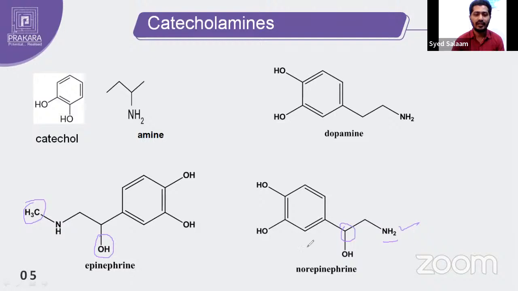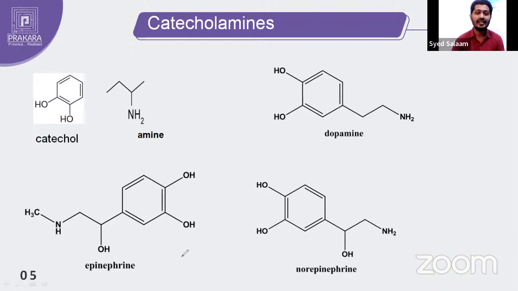So these are catecholamines, which have the catechol moiety with an amine group attached to it. That is why this group of neurotransmitters, dopamine, epinephrine, and norepinephrine, based on the structure, are regarded as catecholamines. As they are neurotransmitters, they are synthesized in our body.